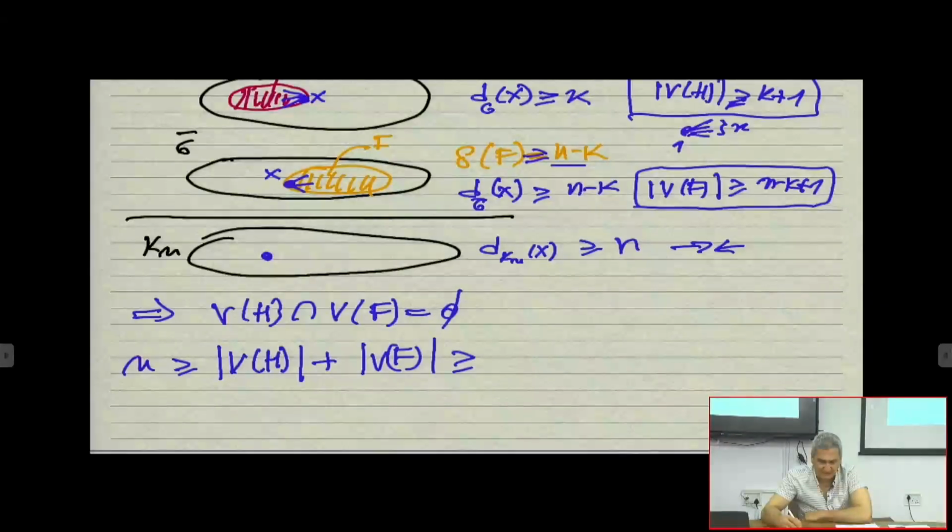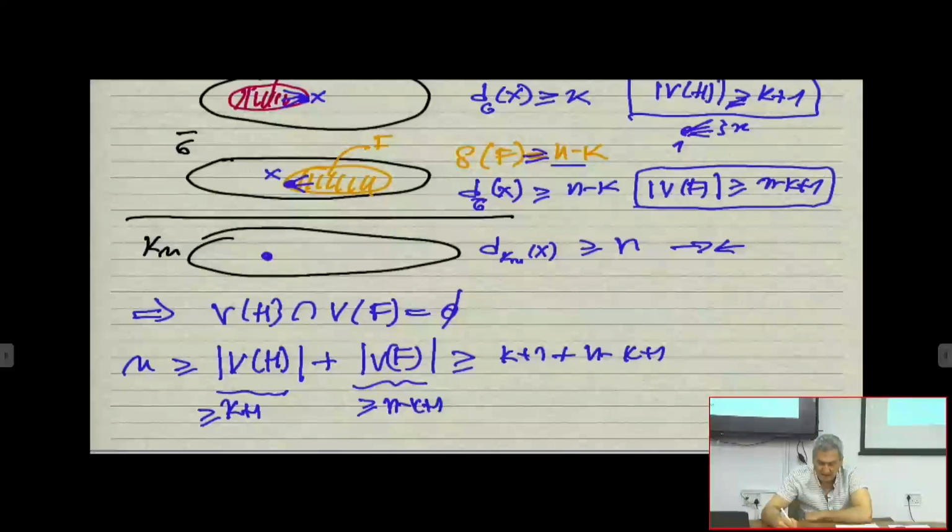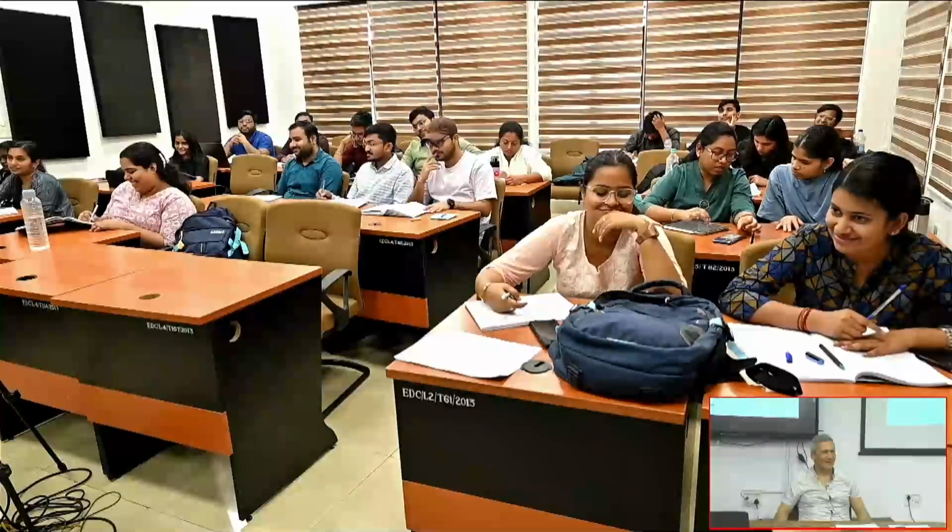But from the other side, this is at least k plus 1, and this is at least n minus k plus 1. We have k plus 1 plus n minus k plus 1, which is n plus 2. Do you see the contradiction?